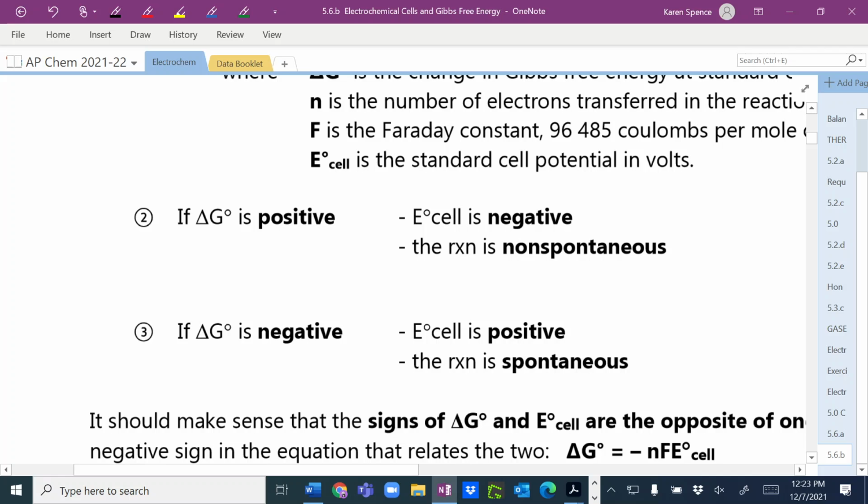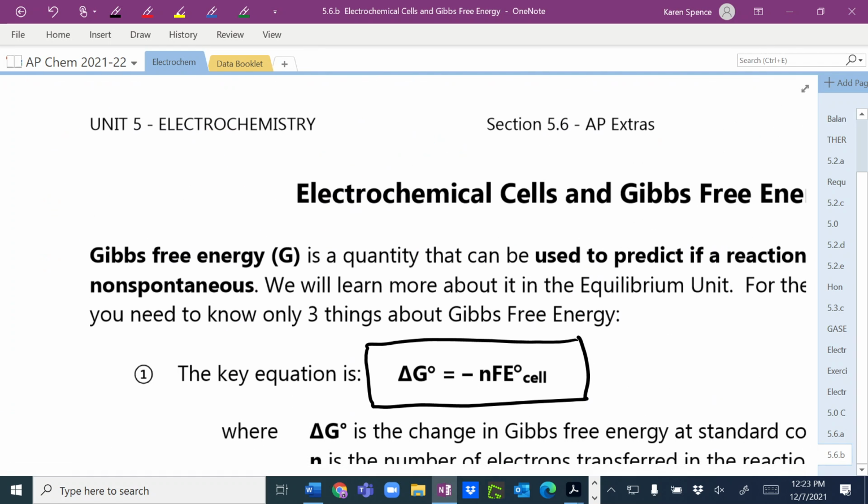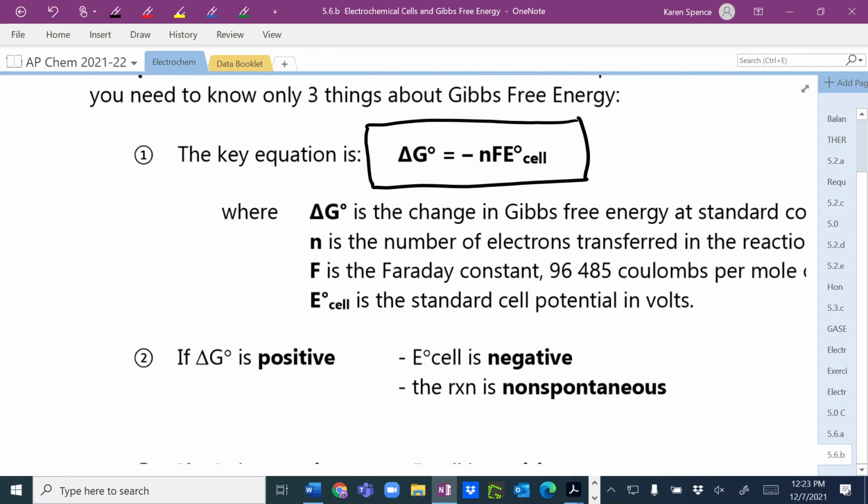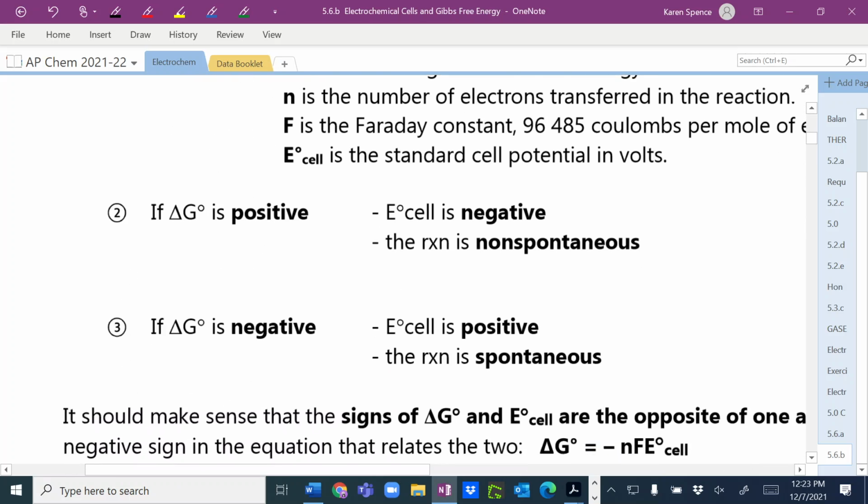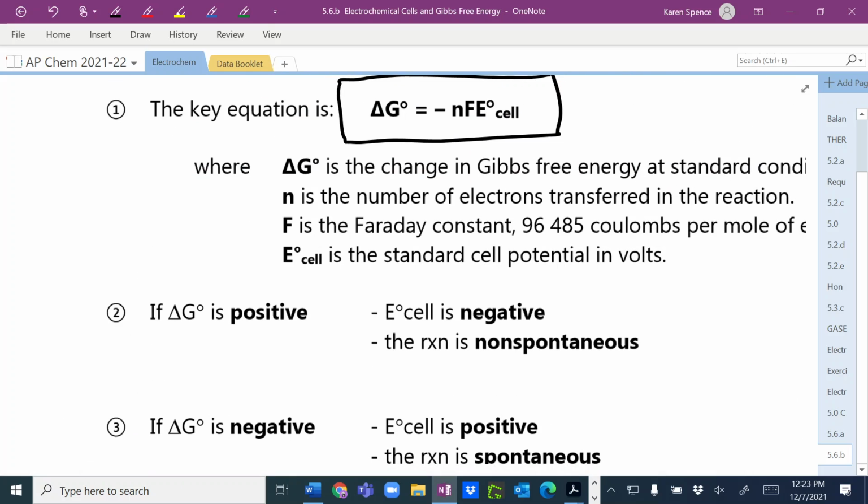So going back, the other thing you need to know about Gibbs free energy, other than the fact that you just need to plug in moles of electrons, Faraday's constant, and the cell potential, is that if delta G is positive, that means that E naught of the cell is negative. Does that make sense? There's a negative sign there, which means that they're going to be inversely proportional to one another. Yes?